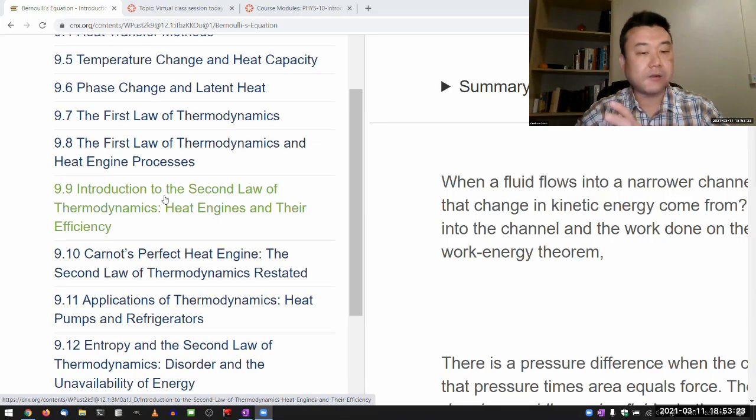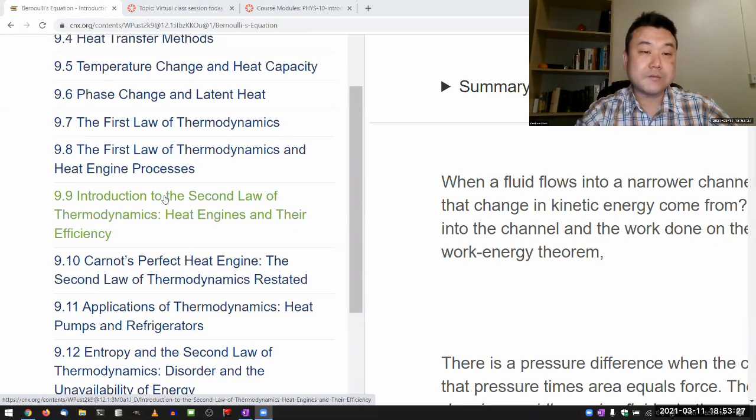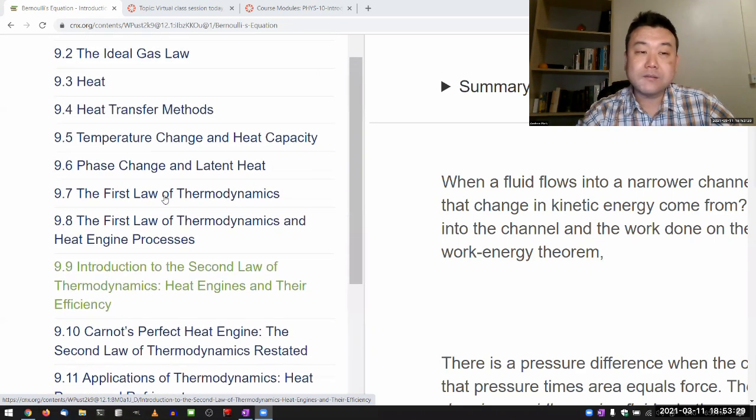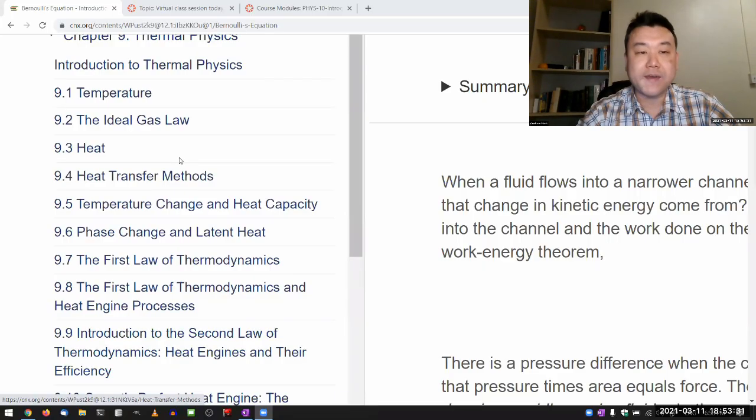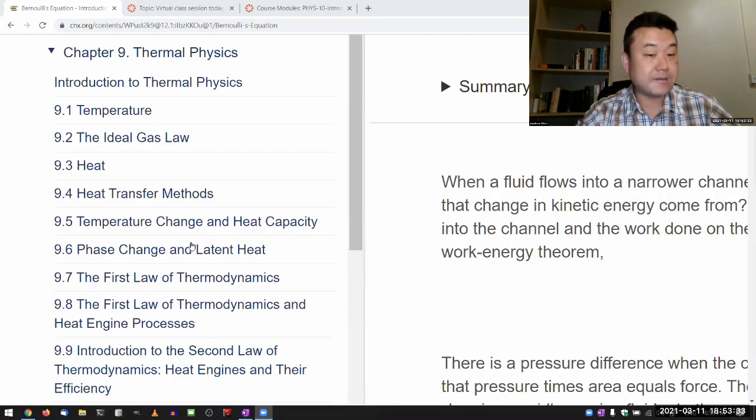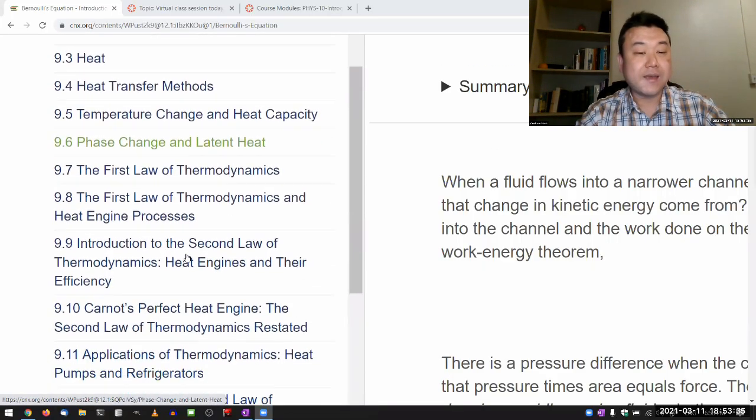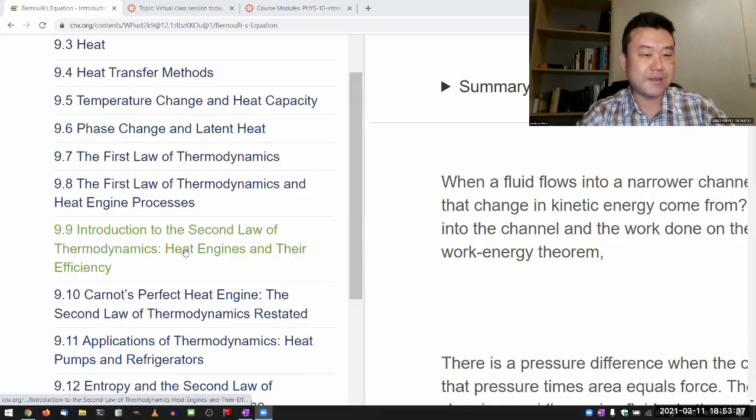And that mechanical work can do useful things. So what we describe in thermodynamics or thermal physics is how all of that works, and how these heat engines have very limited efficiency.